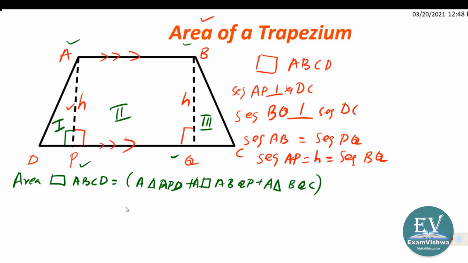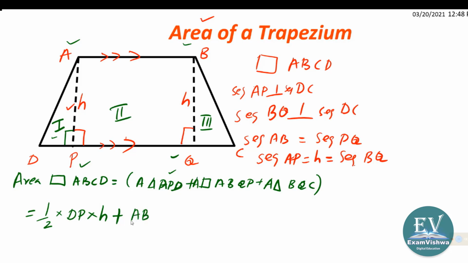If I add the areas of these three figures, I will get the area of the trapezium. In that case, we know the area of a right angle triangle is calculated by the formula half into base, in this case DP, into height, which is already marked as height, plus the area of the rectangle is equal to length into breadth.